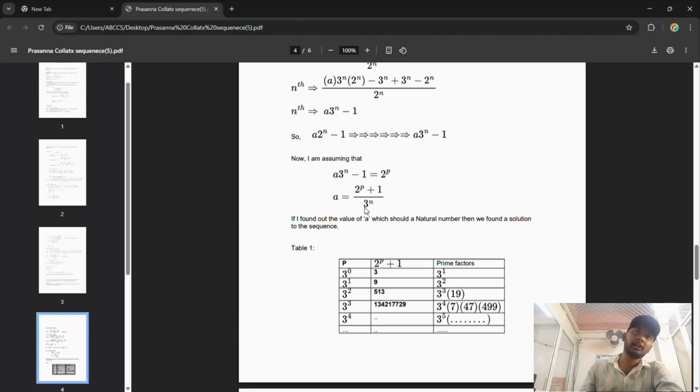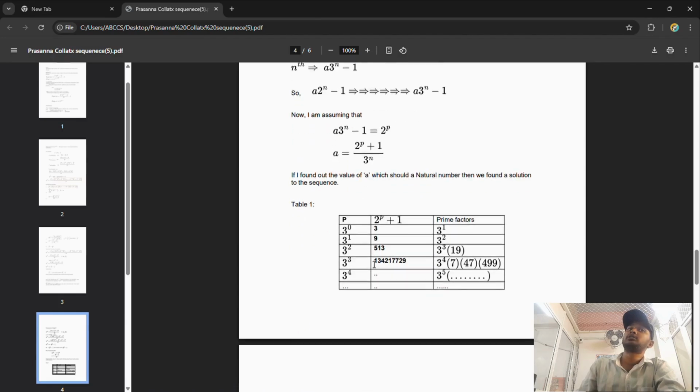This is table 1 that I found out. If I apply the value of p for 2 to the power of p plus 1, I got 3, then 3 to the power of 1, 3 to the power of 2, and it will continue and have some other multiples, but we don't need that as of now. Our primary aim is to cancel out the denominator completely in the numerator.